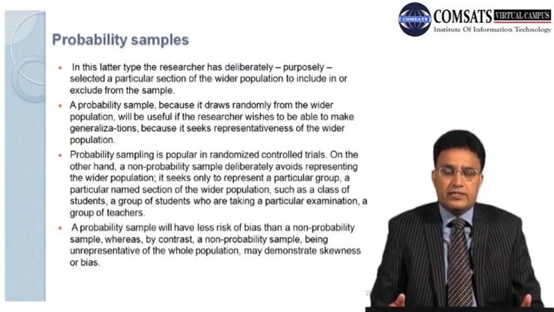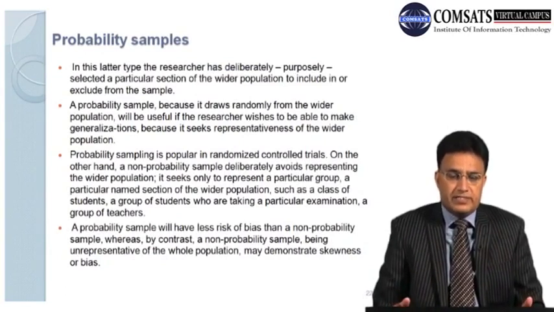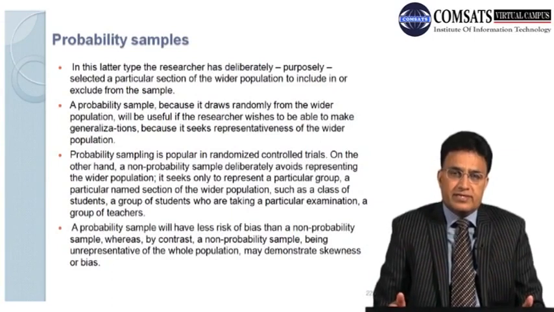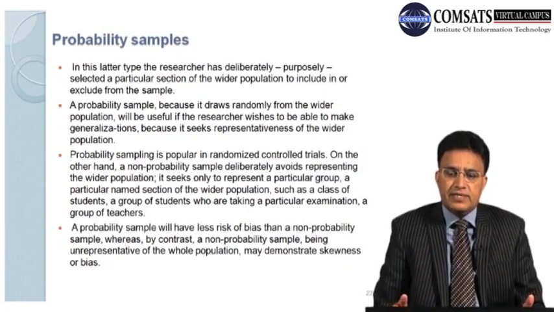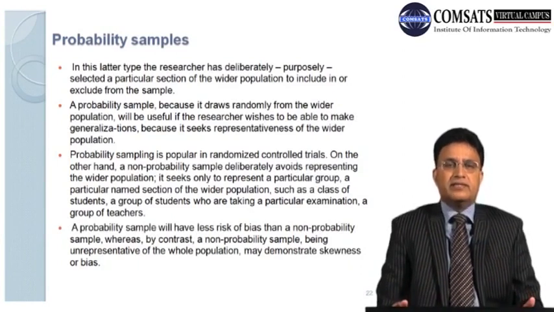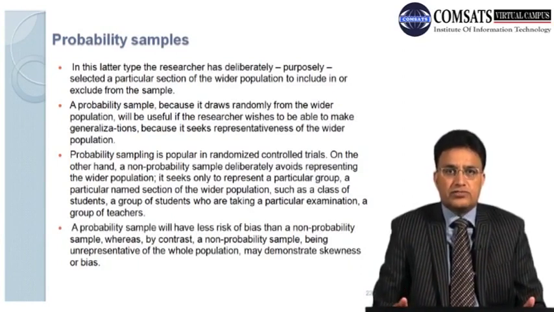So let's look at the first one, probability sample. In the latter type, the researcher has deliberately or purposely selected a particular section of the wider population to include in or exclude from the sample.